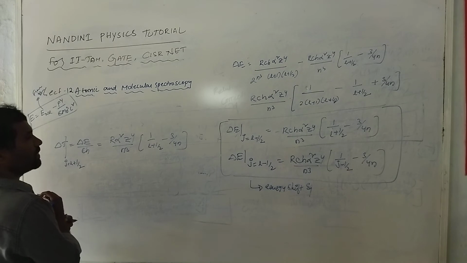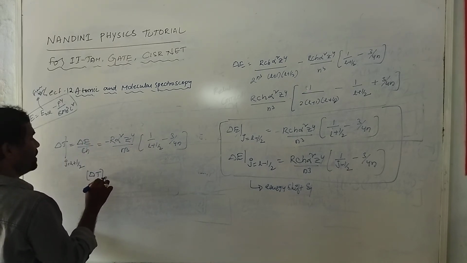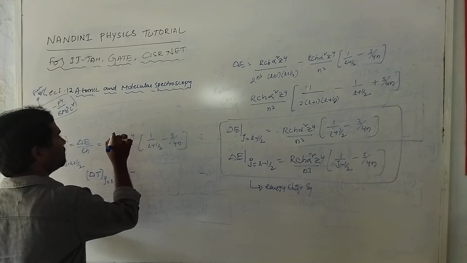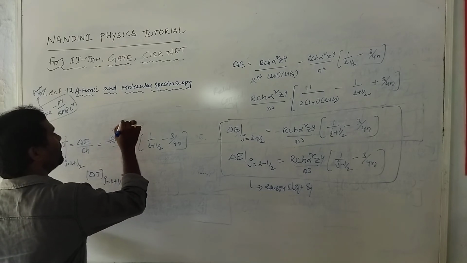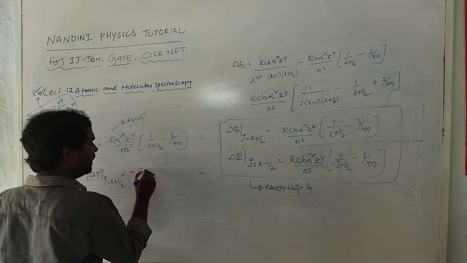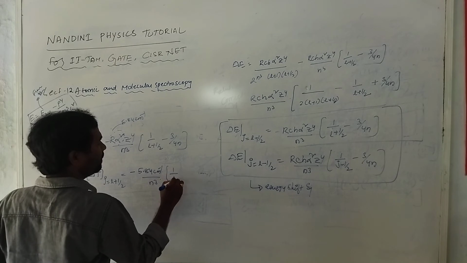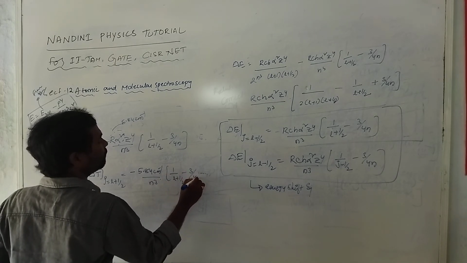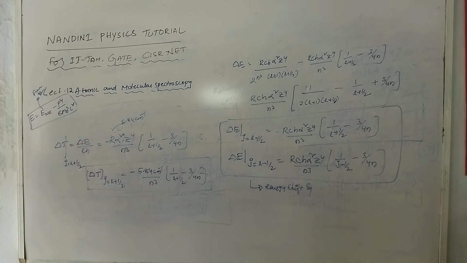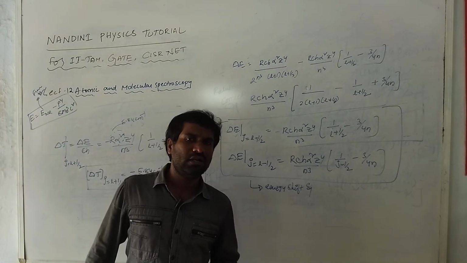You will get this equation for J equal to L minus half as well, with the opposite sign. So this value is 5.84 centimeter inverse. So the term shift is 5.84 centimeter inverse divided by n cube into 1 by L plus half minus 3 by 4n. So finally this is the term shift equation. Okay, so this is about the relativistic and non-relativistic case.